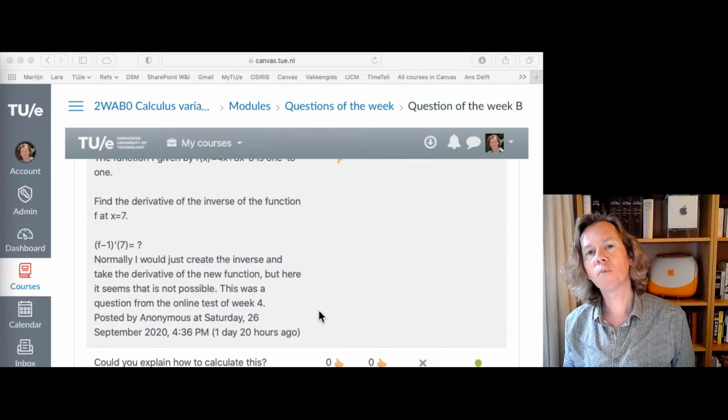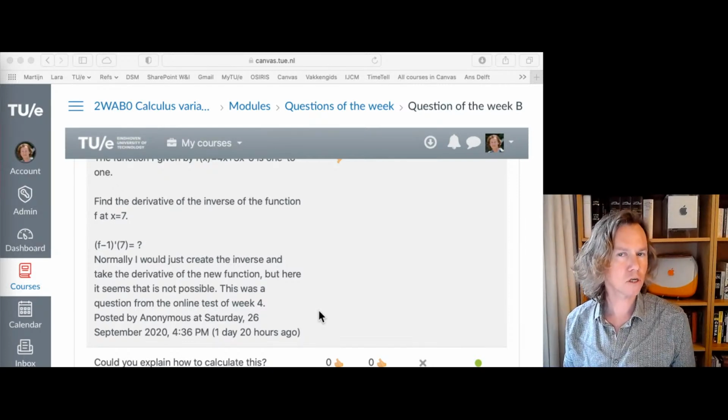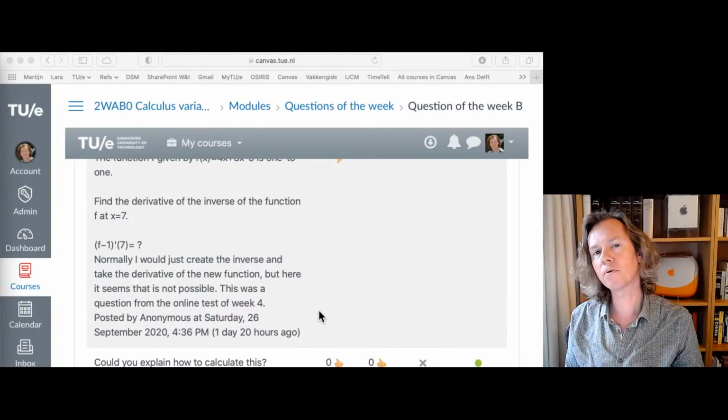So here you see that without actually solving for the inverse function, you can still say something about the derivative. And we did an example last week.